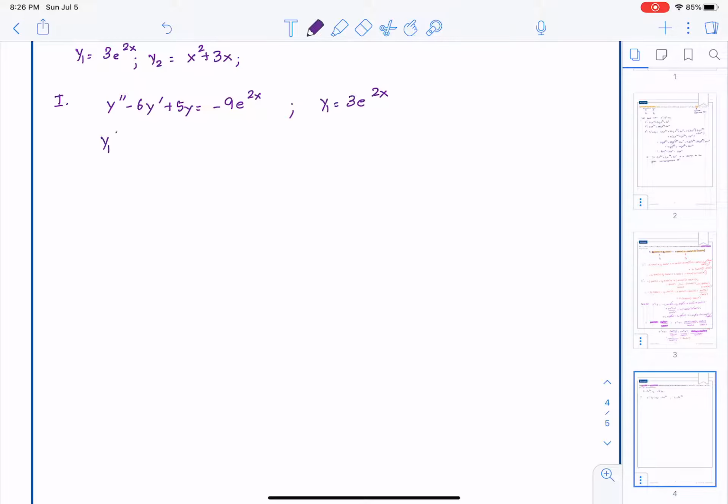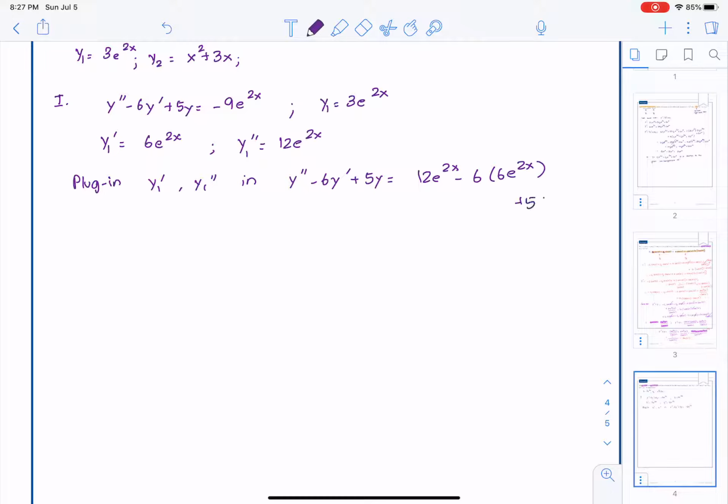So what is y1 prime? y1 prime is 6 e raised to x. y1 double prime is 12 e raised to x. Got to plug that in. We get 12 e raised to x minus 6 times 6 e raised to x plus 5 times 3 e raised to x.